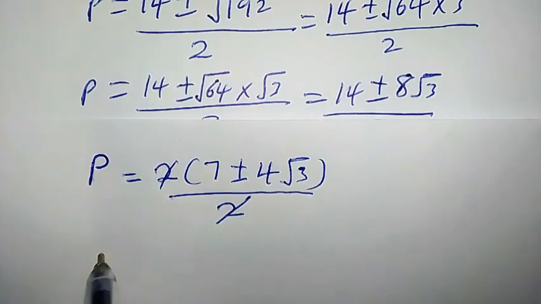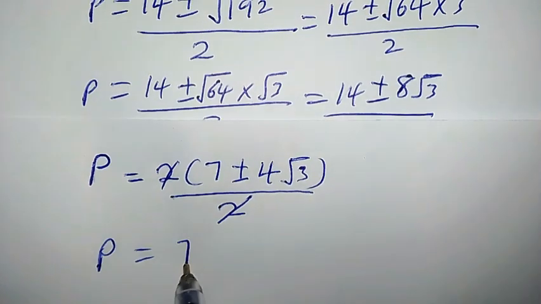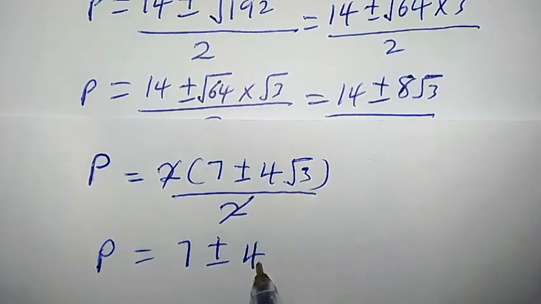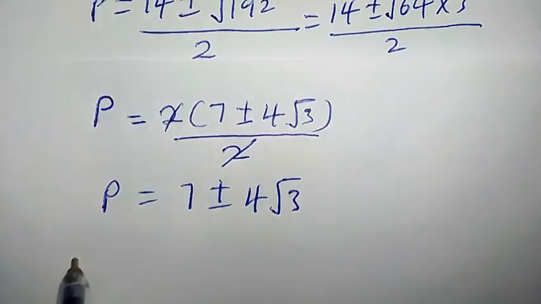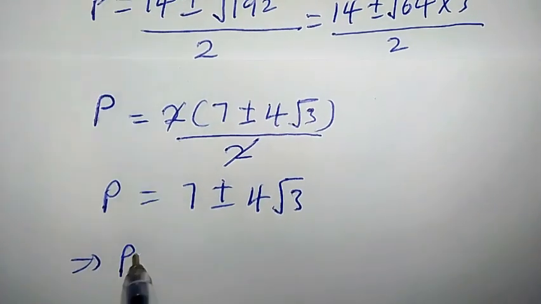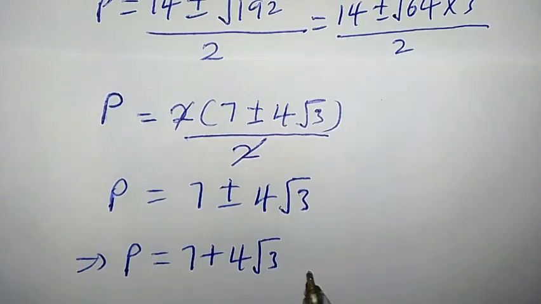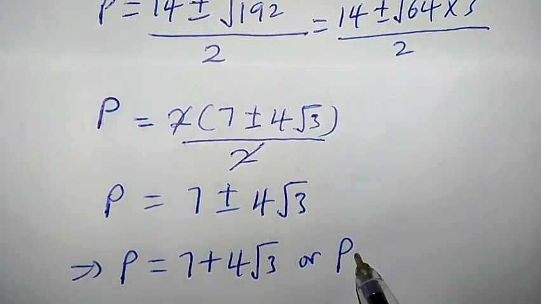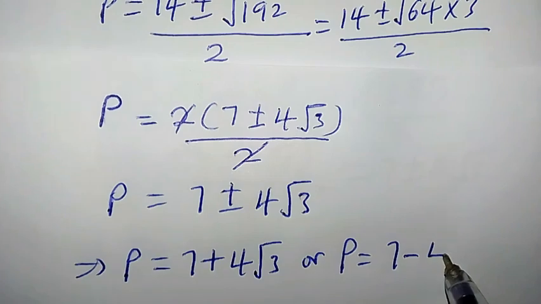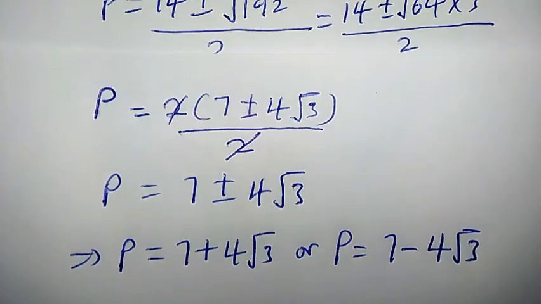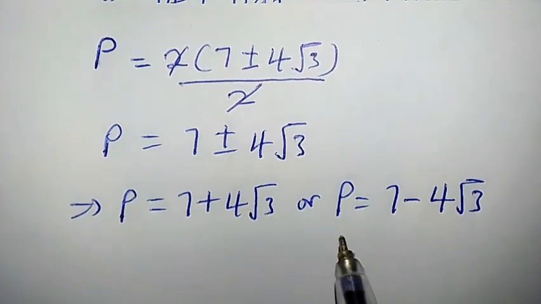We are left with P equal to 7 plus or minus 4 times square root of 3. This implies that P is equal to 7 plus 4 times square root of 3, or P equal to 7 minus 4 times square root of 3. Thus, we have two values for P.